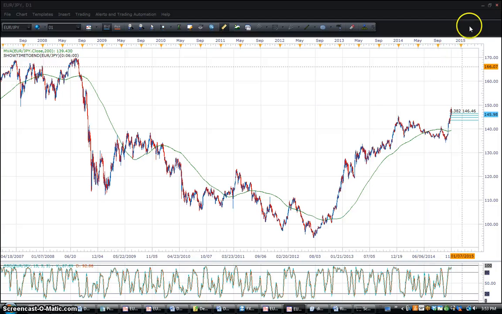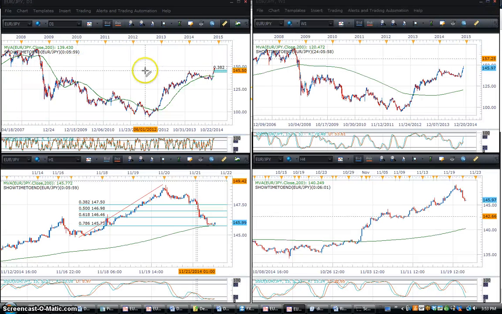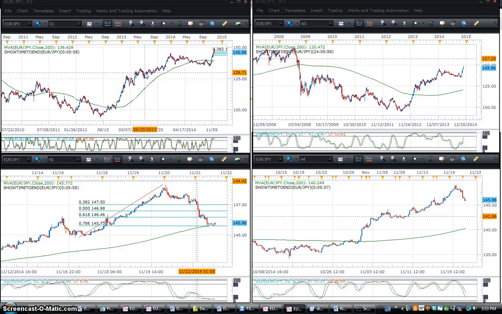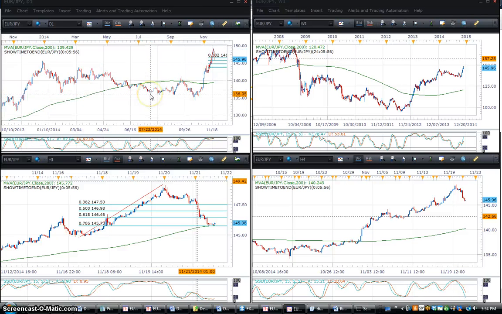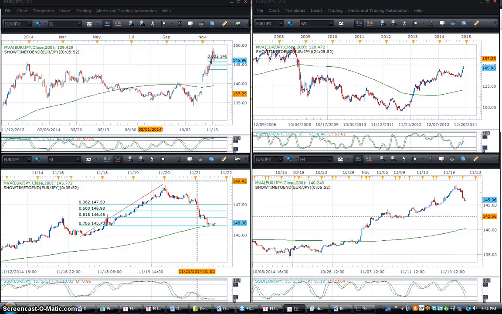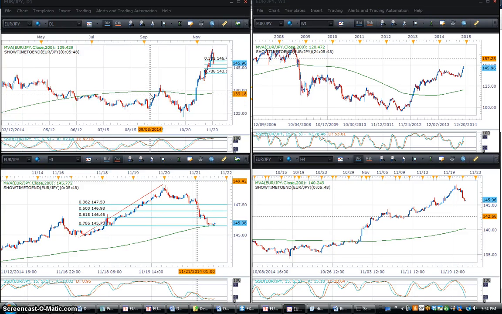So on both the weekly chart and on the daily chart on this euro-yen pair, there's not a lot of resistance, but the pair's got to take out the previous high. And as we talked about last week, there's two ways you can trade a move like that. And one is, like we showed on this chart, on the 1 hour chart, it stalls at a certain level and you can get back in as it starts to move up.